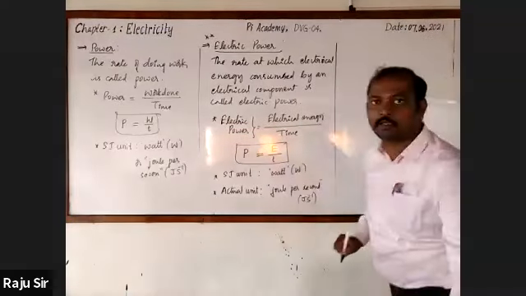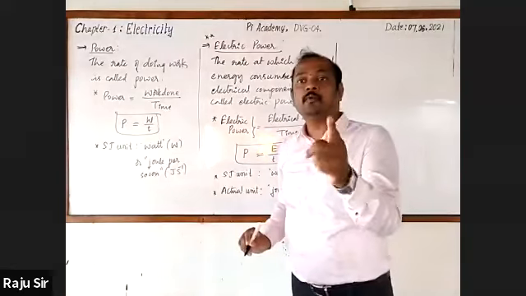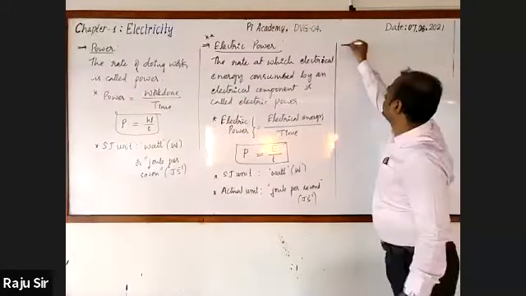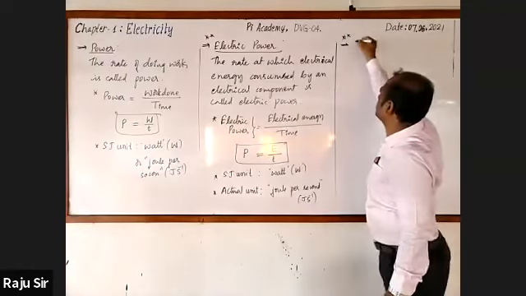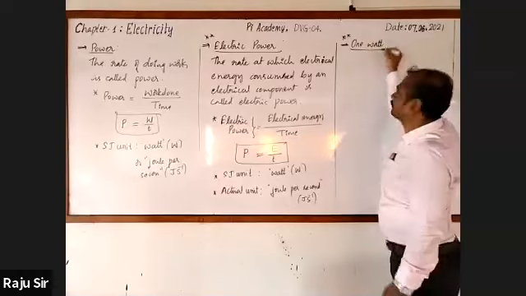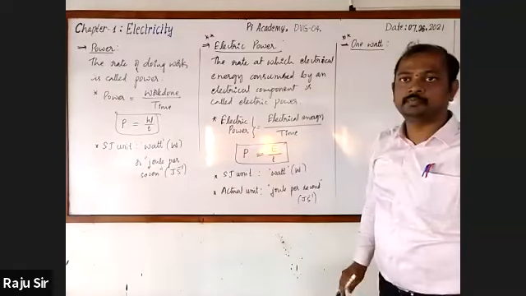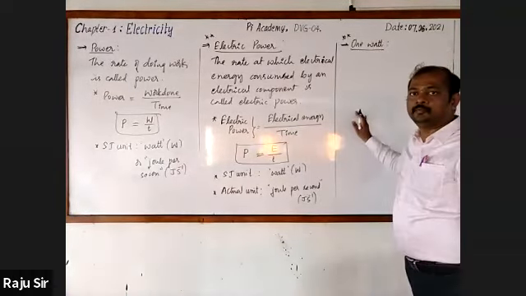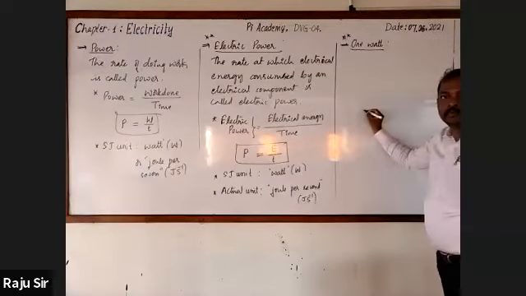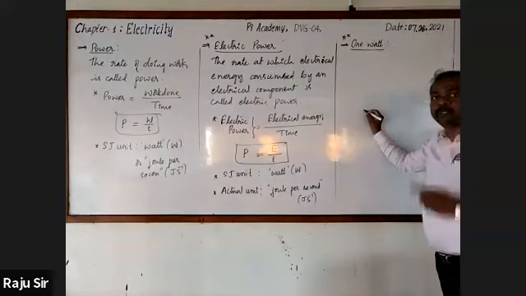Now you write the definition of 1 watt with respect to electric power. Put a double star mark for this. Definition of 1 watt. Listen, with the symbolic representation, I'll make the statement.